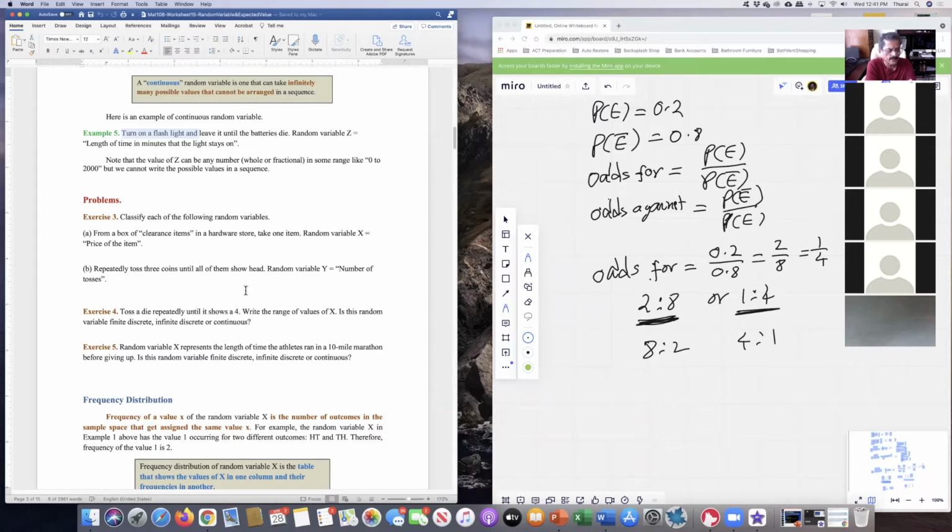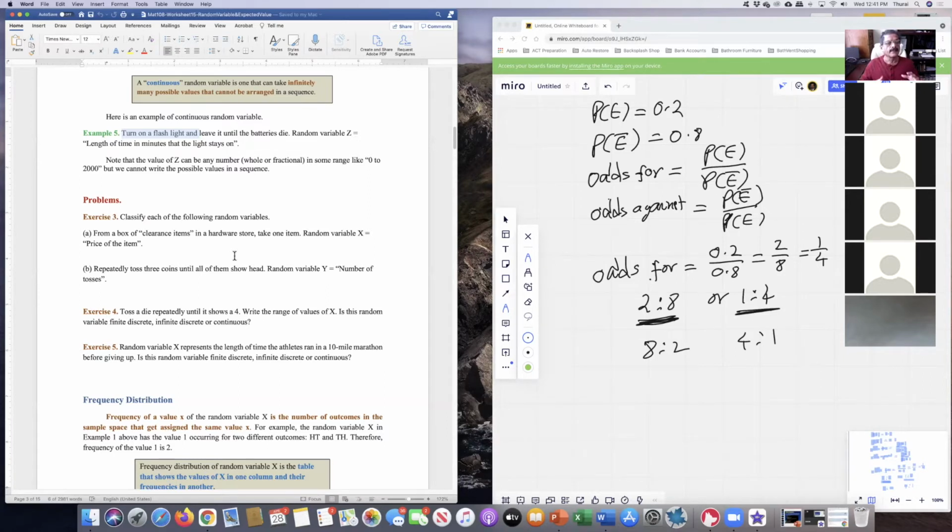It is finite discrete. Why? Even though the numbers are fractional, like $2.50, $3.40, things like that, how many items are in the box? Finitely many, right? You can't put infinitely many items in a box.